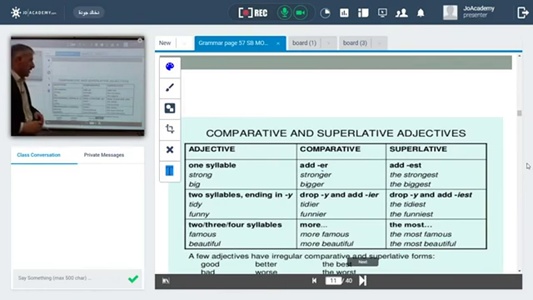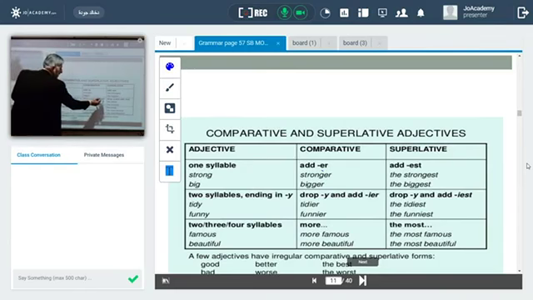And two syllables ending in y, like tidy, funny: we drop the y and add ier.